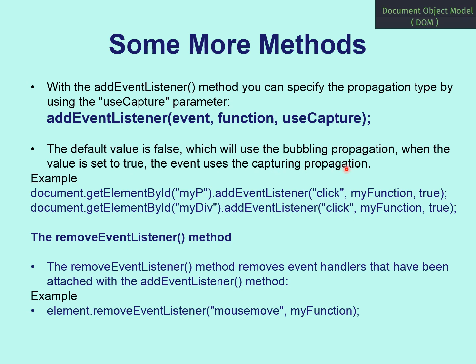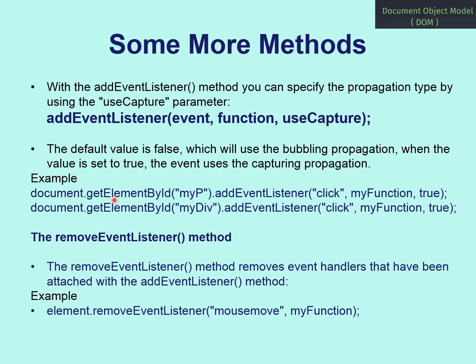By default, all the event listeners will work in the bubbling method, that is giving priority to inner elements. So if you set the third parameter as true, it will move like the capturing method, that is, the outer element has the higher priority.